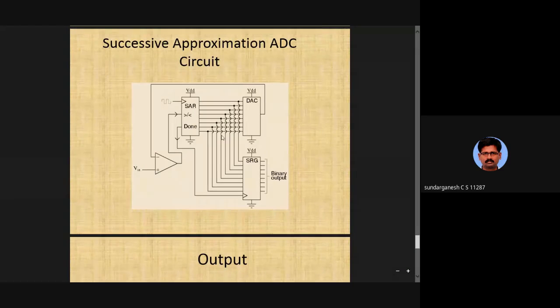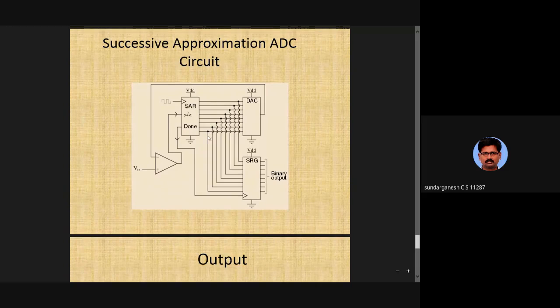So here the DAC output is given to the comparator. Here the input voltage is given. This input voltage is given to the successive approximation register. So when the input voltage is applied, first a very low value, 1.25 volt, is taken.